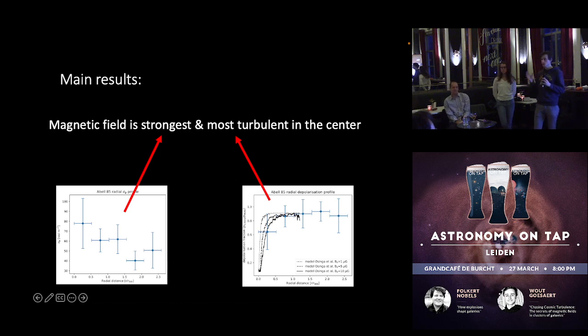We can only say on average that in this distance range, if we count all data points together, there's a larger spread in rotation in the center than for a similar sized bin here on the right, far away from the center of the cluster. This means that the magnetic field is probably strongest here, and the turbulence probably is strongest here compared to the outskirts.